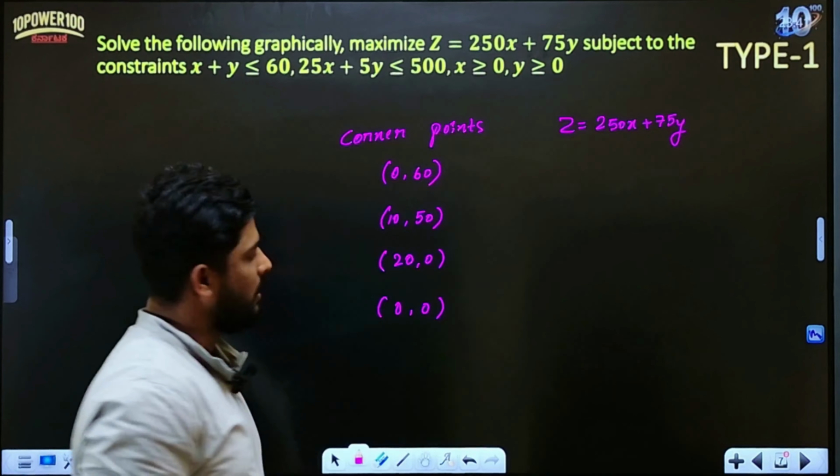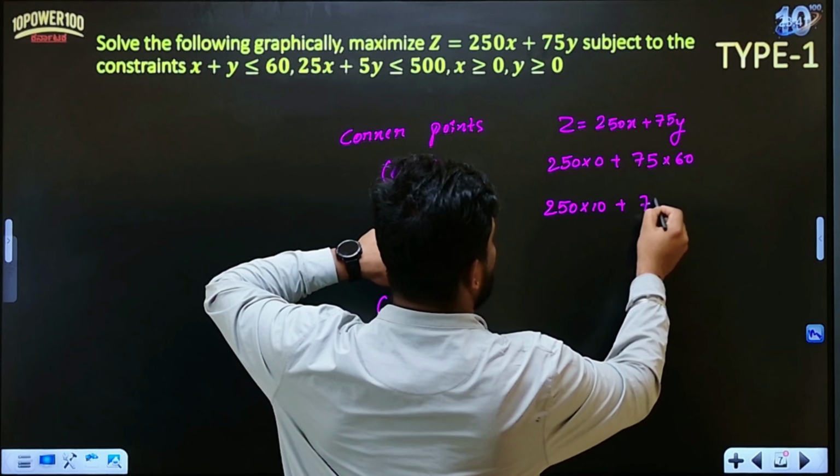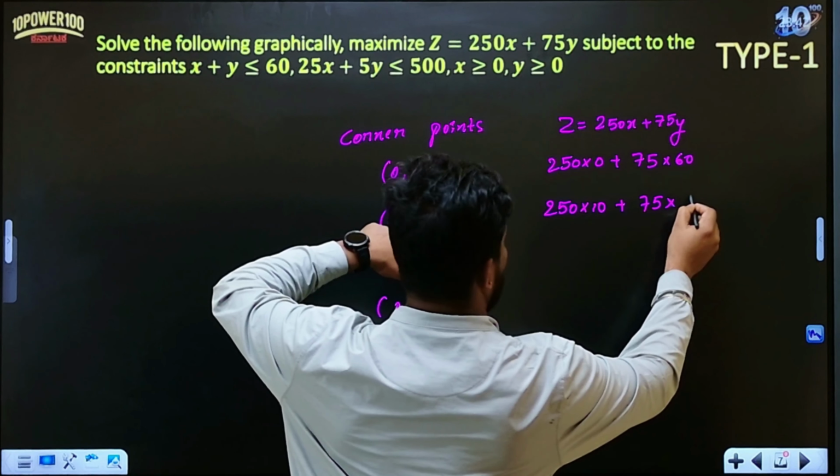So here, 250 into 0 plus 75 into 60. Next, 250 into 10 plus 75 into 50. Next, 250 into 20 plus 0. Next this is 0, right?